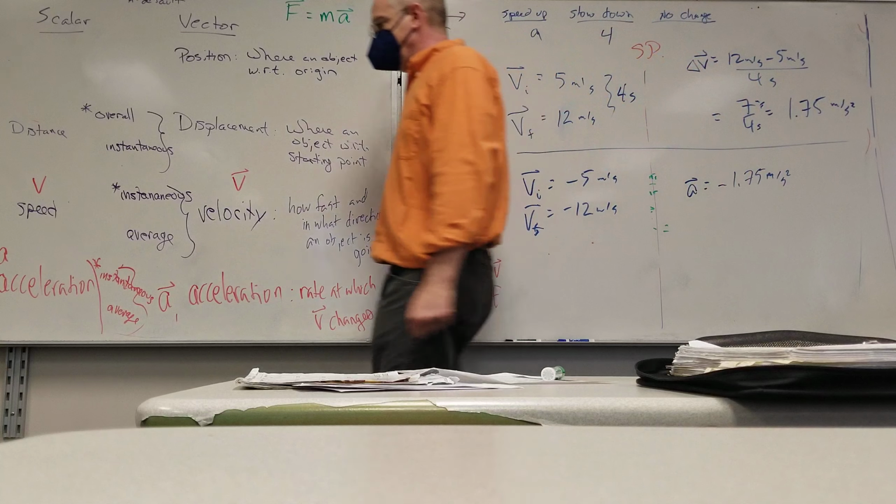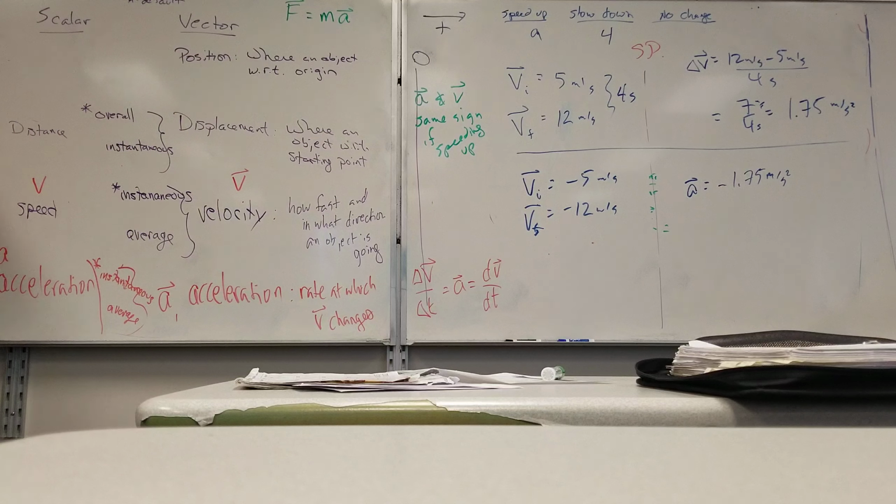All right, so now I'm moving in the negative direction. I come to a stop. What was my acceleration as I came to a stop? It would still be negative, correct, because you were going at a negative velocity?